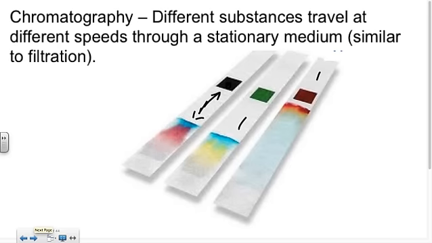The red and the yellows farther down travel a little bit faster through the paper. So you've actually separated the dye into individual components. The same here, the green is broken up into the blue and yellow mixtures, but they pass through this filter paper at different rates. So if you allow the process to go to its finish, you get different things spread out and separated from one another.